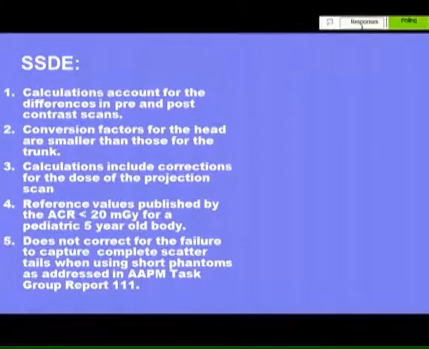Reference values published by the ACR are less than 20 milligray for a pediatric 5-year-old body. And 5. It does not correct for the failure to capture complete scatter tails when using short phantoms as addressed in AAPM Task Group 111. So the timer started. Man or woman your clickers.